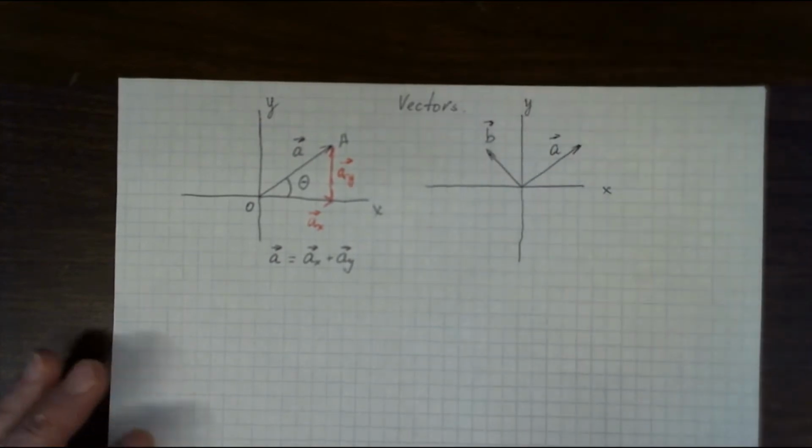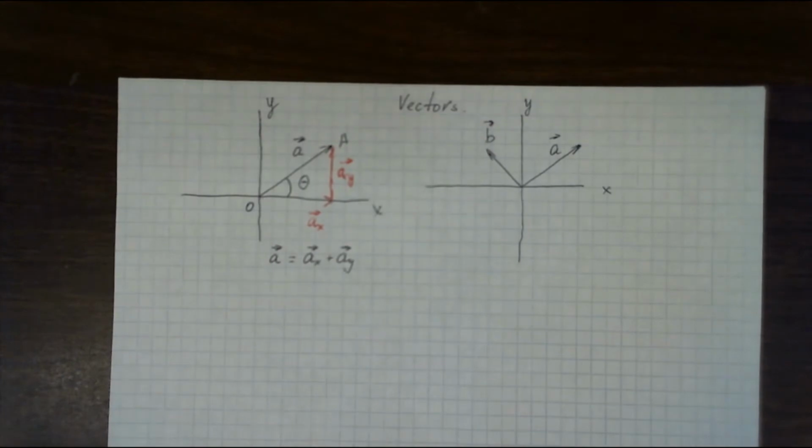Now you will say, how? Very simple. The cardinal rule about vectors is as follows. Two vectors represent the same vector if they have the same magnitude and the same direction.